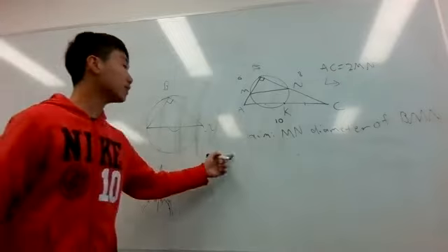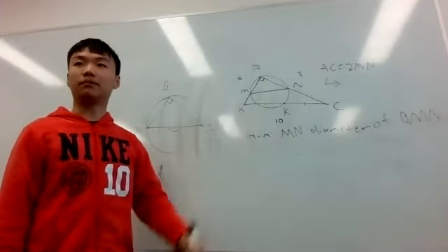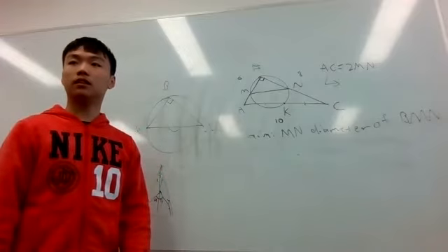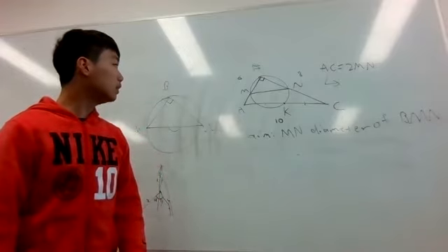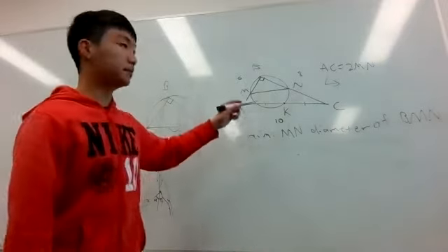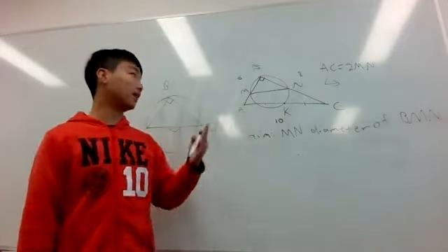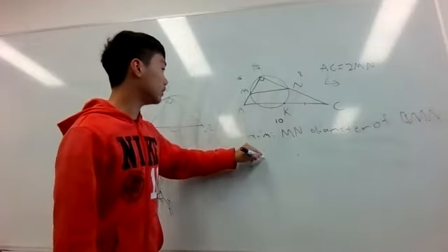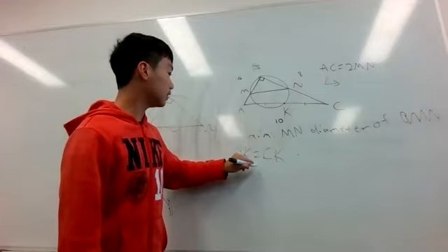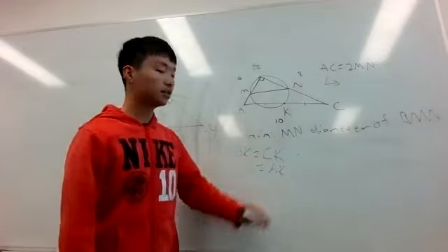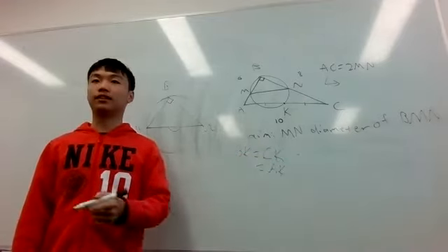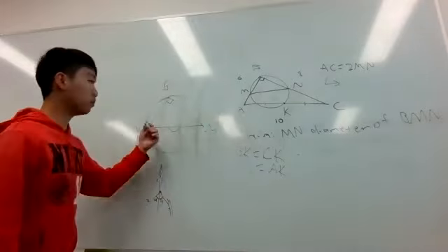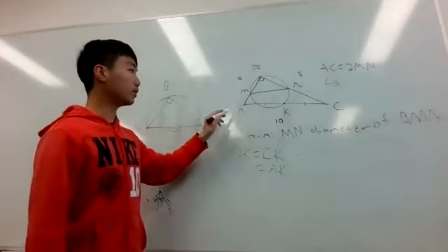But knowing this, where else can we use this on this diagram? Yep. BK is... Nice. Okay. So can everyone else see why that might be true? So you see. All right. If you just look at it, once again we apply this thing, but this time to triangle ABC.